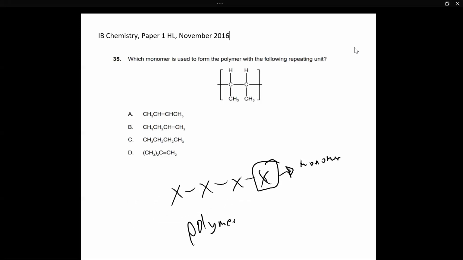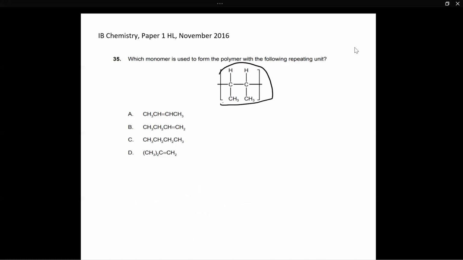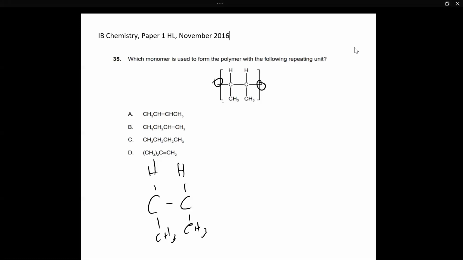Now, in the context of the question, what exactly do they mean by this? So how does this become a polymer? So this is actually a monomer. This is one unit. This whole thing that they have showed you in the question is one unit. And these lines sticking out from either ends, this is the part where other monomers can attach to form a polymer.